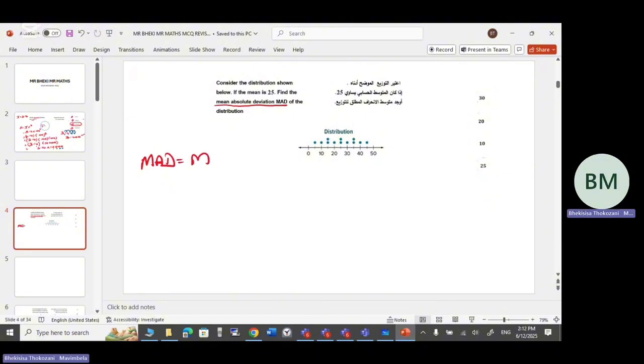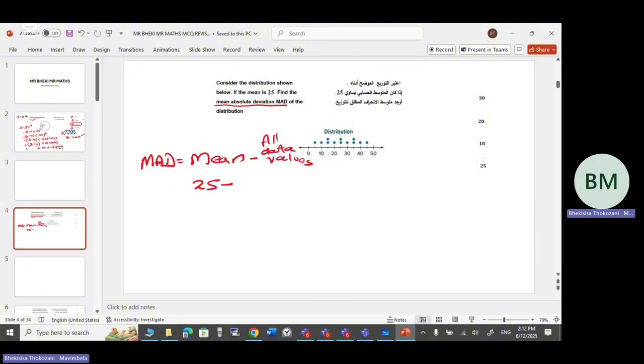So to find the MAD, we said MAD is equal to the mean minus all data values. You remember that? Okay, let's do that now. What is our mean? Our mean is 25. What is the first data value that we can see here?